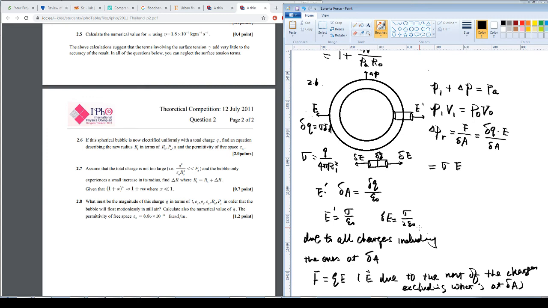Because we're looking at essentially right at the charge. As long as the height is much, much smaller than the size of the patch, you can do that.